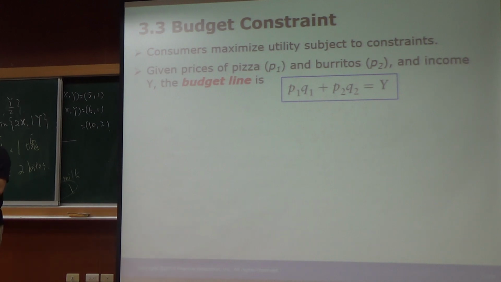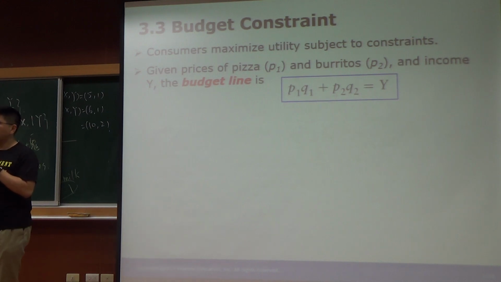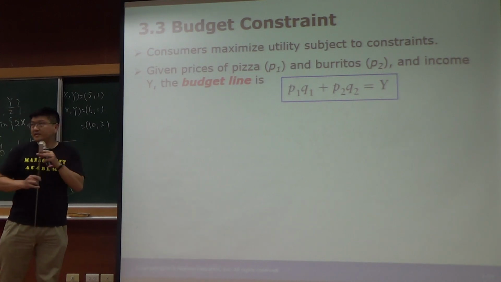So the total expenditure on these two goods must equal our income, assuming that we consume these two goods only, nothing else, just pizza and burrito. Okay? So this is the budget line.